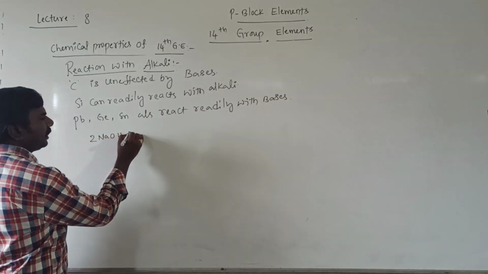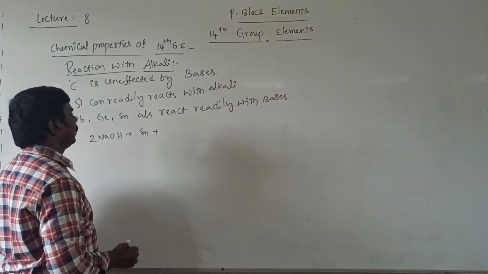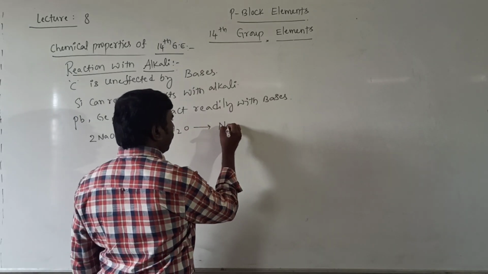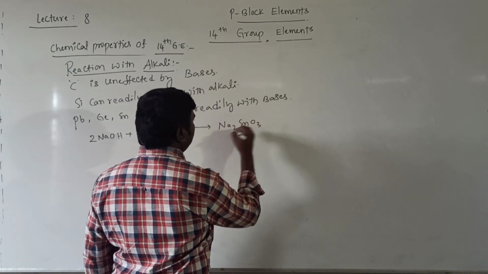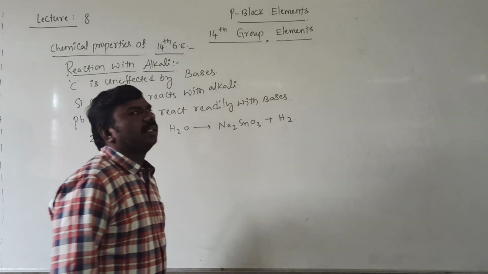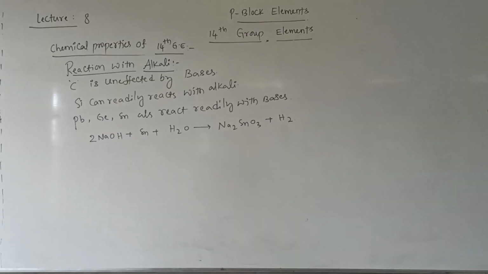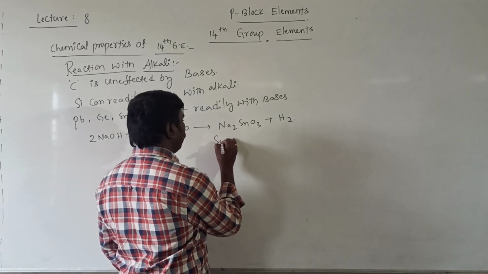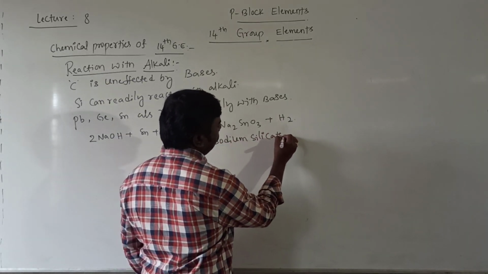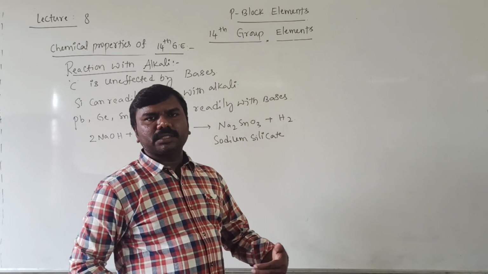Sn plus 2NaOH plus H2O gives us Na2SnO3 plus hydrogen gas. The formed product name is important, that is sodium stannate. In objective exams, there is a chance to expect a question on it.